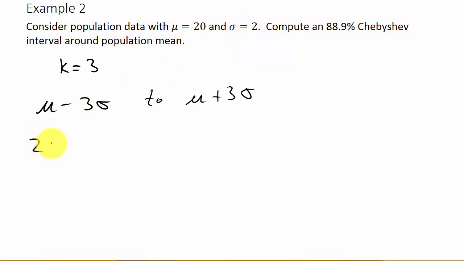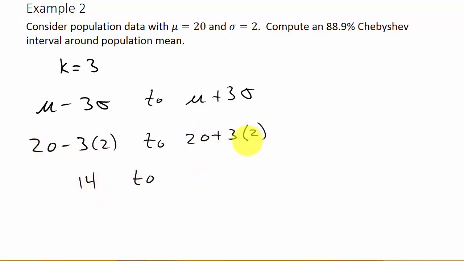So that's 20 minus 3 times 2 to 20 plus 3 times 2. That's 20 minus 6, which is 14, to 20 plus 6, which is 26.